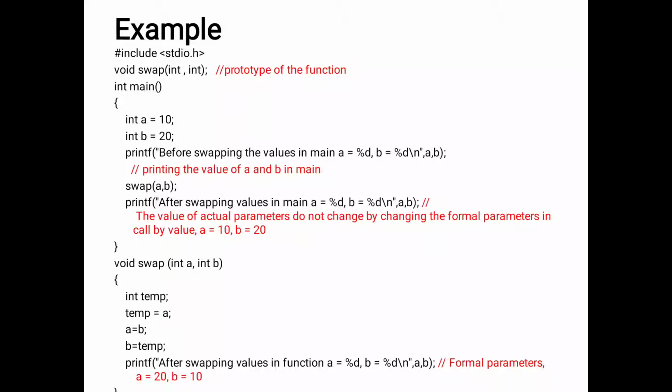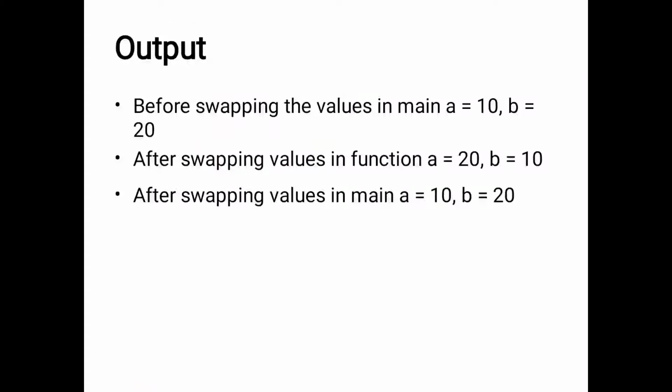So here the actual parameter does not change by changing the formal parameter. So there is no change after swapping. Here there is a change after swapping with the formal parameter used in this way. Before swapping the value a is equal to 10 and b is equal to 20.